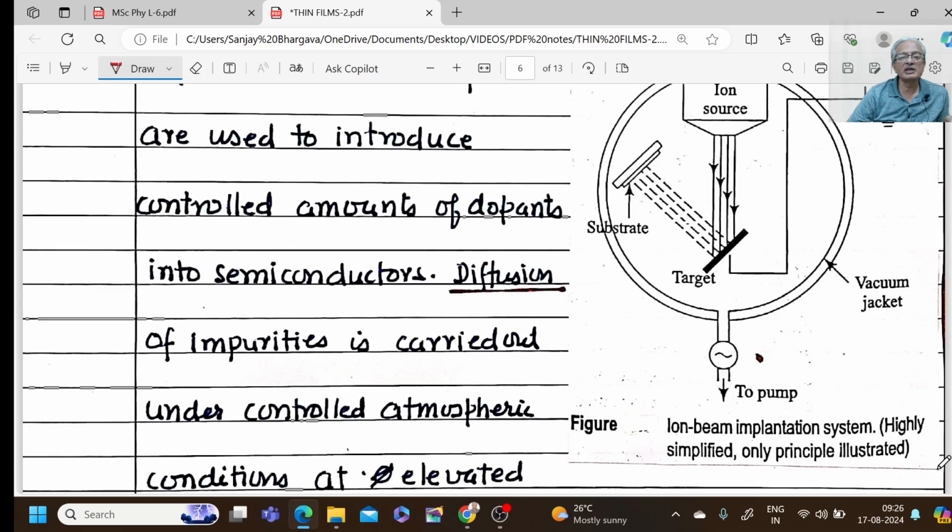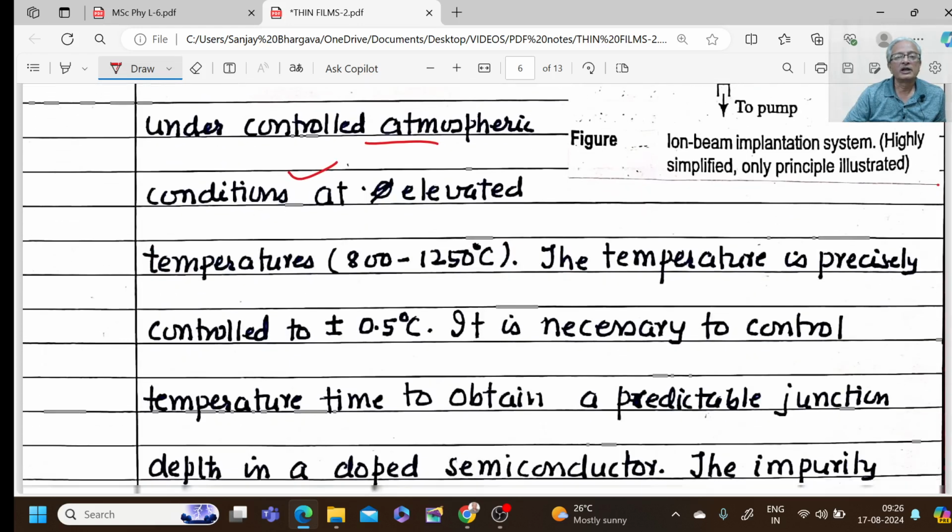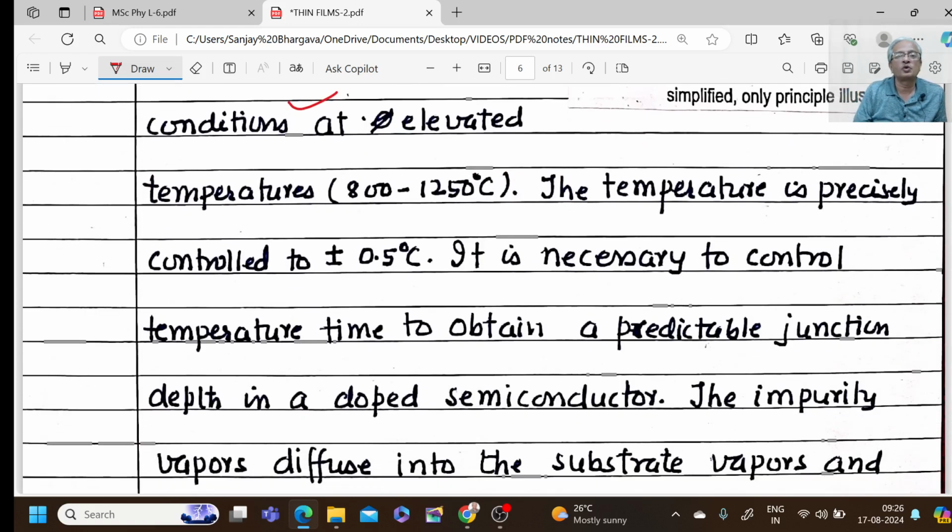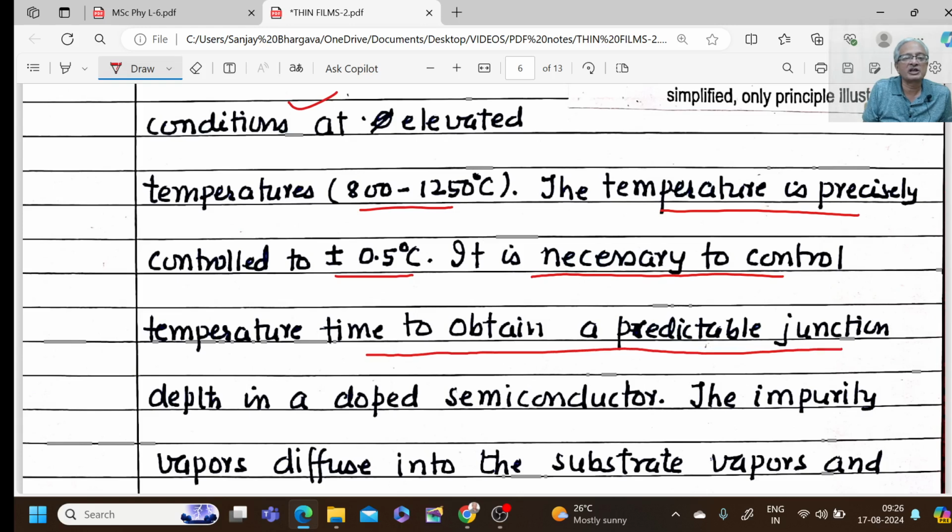Diffusion of impurities is carried out under controlled atmospheric conditions at elevated temperatures around 800 to 1250 degrees centigrade. The temperature is precisely controlled to plus minus 0.5 degrees centigrade. It is very necessary to control the temperature and time to obtain a predictable junction depth in a doped semiconductor.